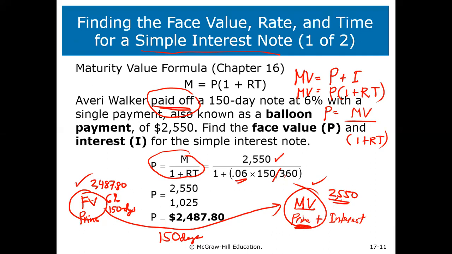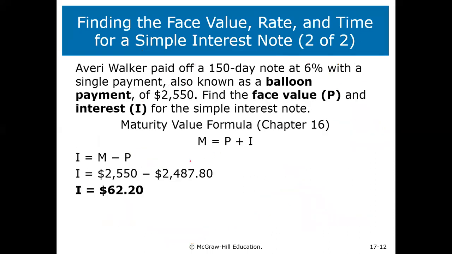Okay, so that's our face value. Therefore, we can easily now compute for the interest. Since we know that the maturity value is equal to principal plus interest, and we know the maturity value and the principal, your interest is simply the difference between the two. So it's 62.20.